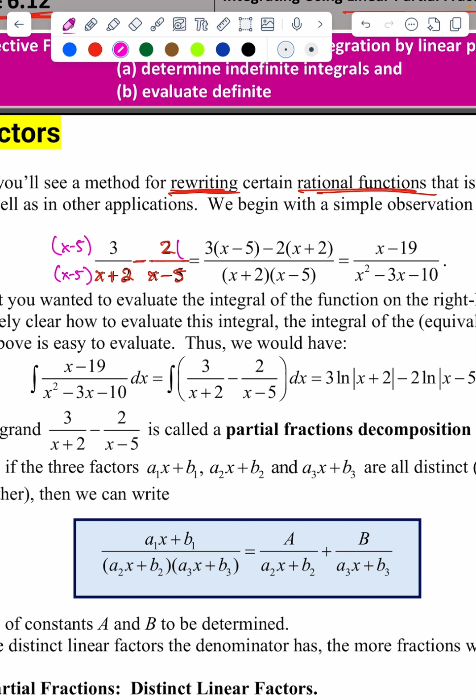And the 2 gets multiplied by x plus 2 on the top and the bottom, right? And we get a common denominator. And once that happens, you end up with a rational function of x minus 19 over x squared minus 3x minus 10.